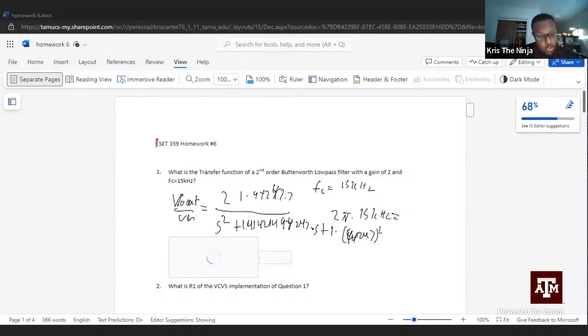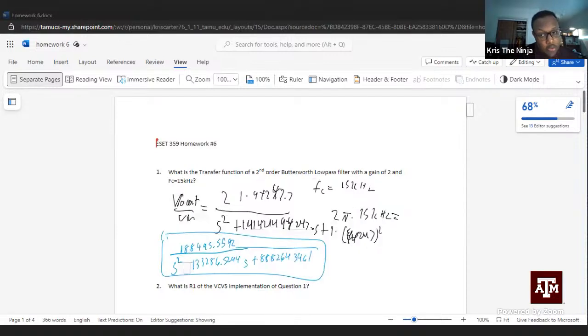Now, the second question asks, what is R1 of the VCVS implementation? The VCVS, voltage controlled voltage source, or the Sallen-Key concept.